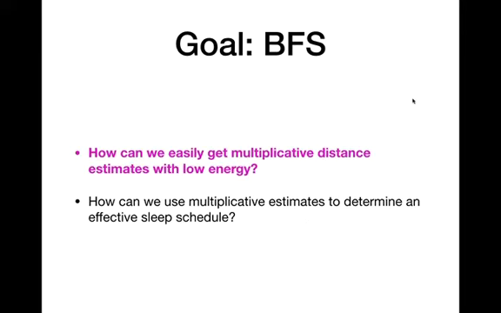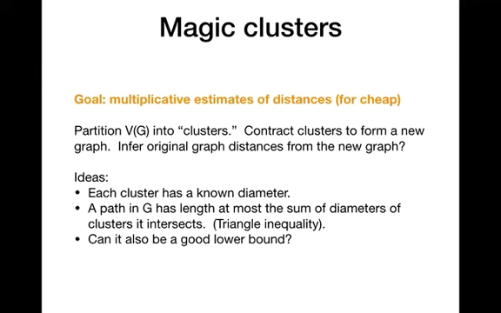Okay, so let's first talk about how we can get multiplicative distance estimates using low energy. The idea is that we'll partition the vertex set into clusters, and then we'll contract the clusters to form a new graph.